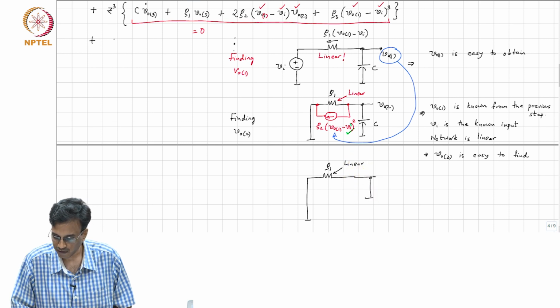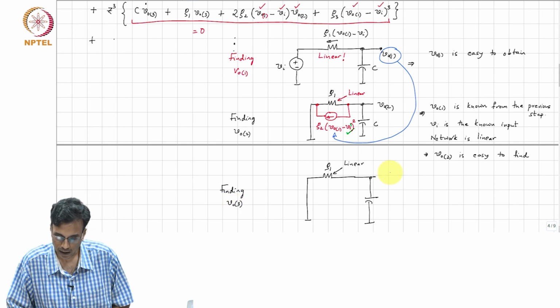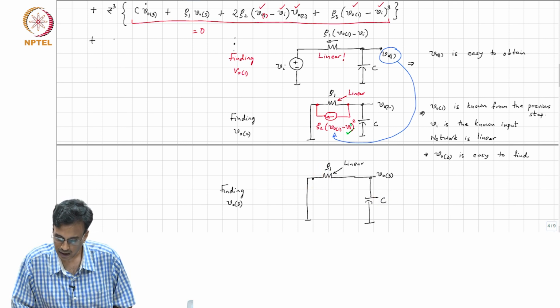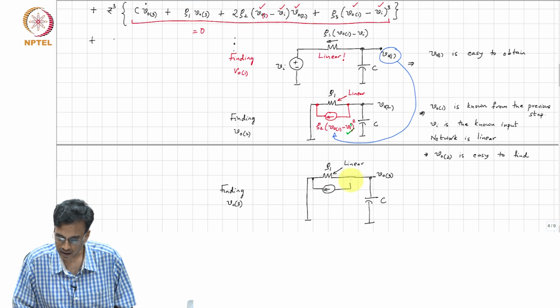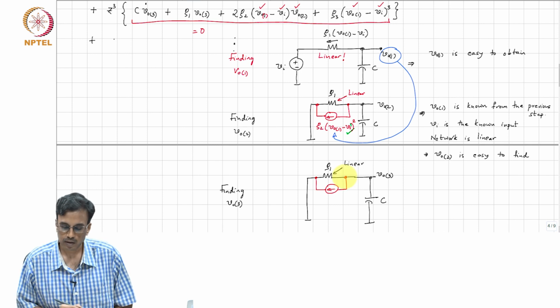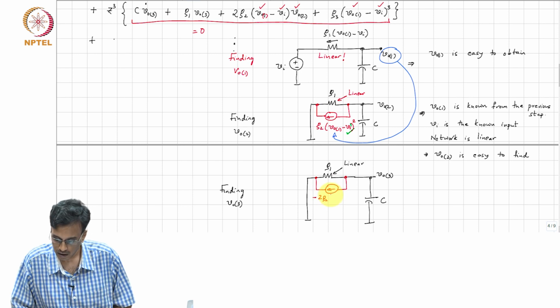This is finding VO3, so this is VO3, this is C, this is G1, and we are supposed to add two currents, one which is minus 2 G2 times (VO1 minus Vi) times VO2.